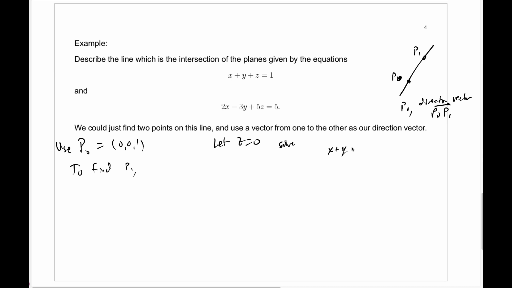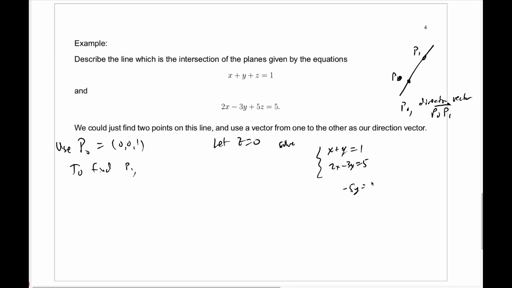Then I would have to solve these equations with z equals 0. First one becomes x plus y equals 1, and the second equation becomes 2x minus 3y equals 5, and that will give me the x and y coordinates of a point on the intersection of the two planes with z coordinate 0. Now it's easy to solve this system of two equations. I just take the second equation minus twice the first to get 0x. When I take the second minus twice the first, I get negative 5y.